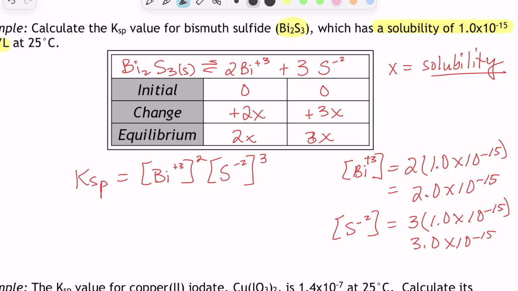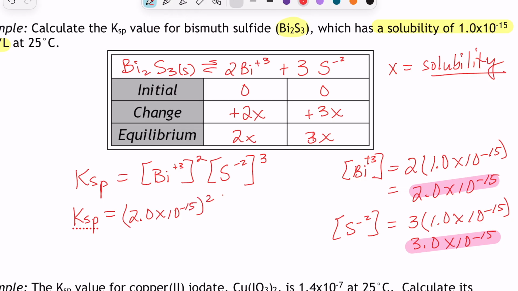So what we're going to do is plug these 2 things into our equilibrium expression to solve for Ksp. And don't forget that you have your exponents there. So we have 2.0 times 10 to the negative 15 squared times 3.0 times 10 to the negative 15 cubed.